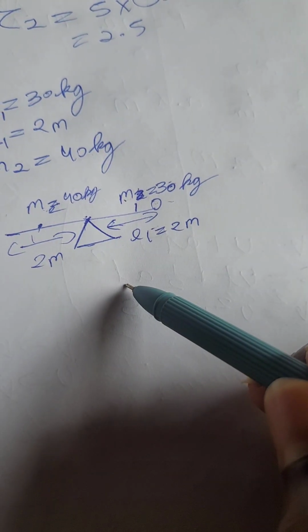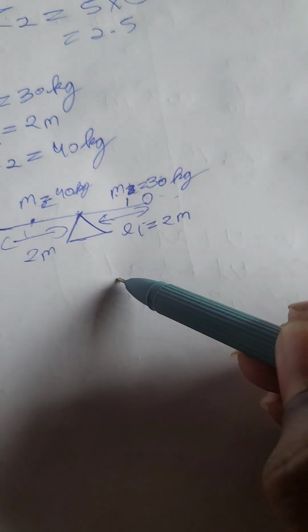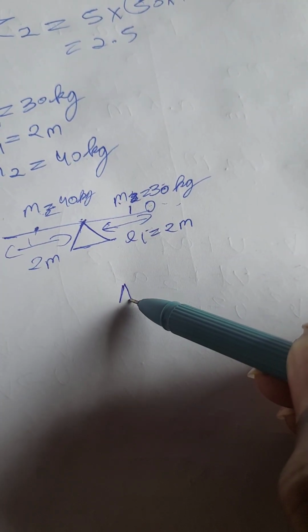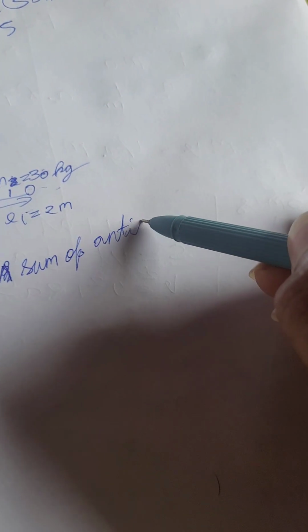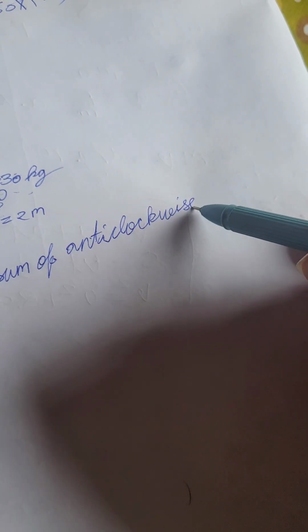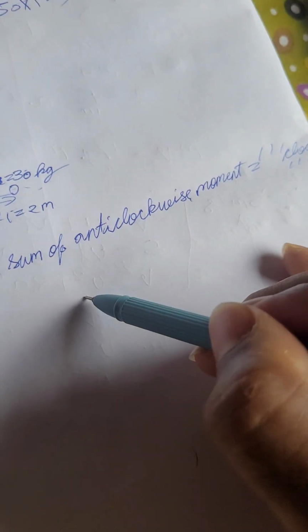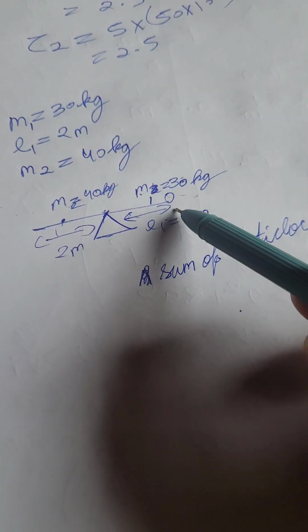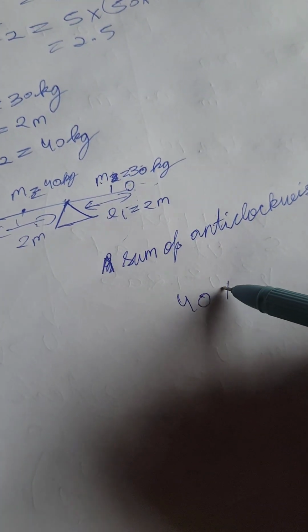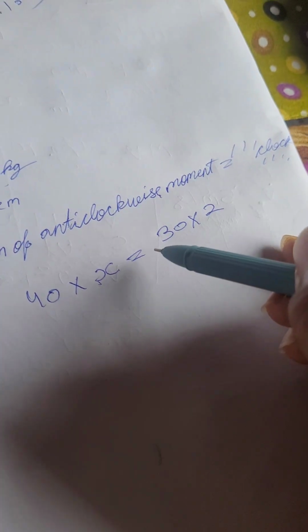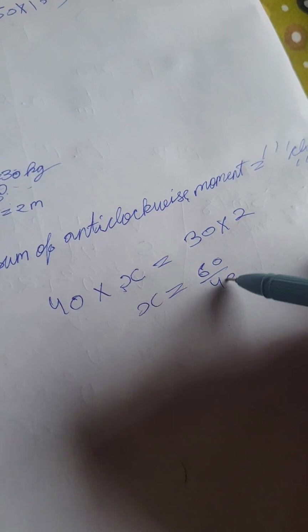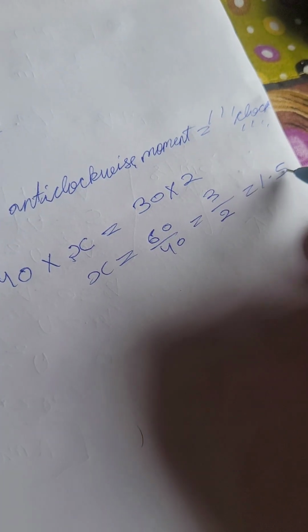So according to the torque concept, basically from the 10th point of view, sum of anti-clockwise moment equals clockwise moment. So 40 into x, let's suppose the distance be x, equals 30 into 2, so x is coming out to be 60 by 40, that's 3 by 2, 1.5 meter.